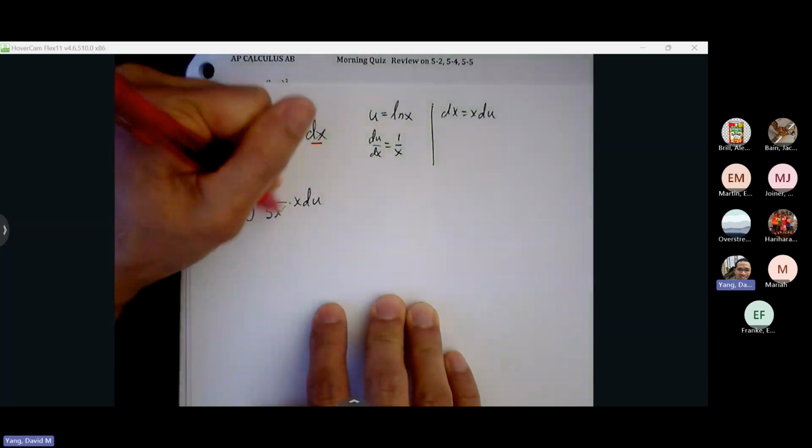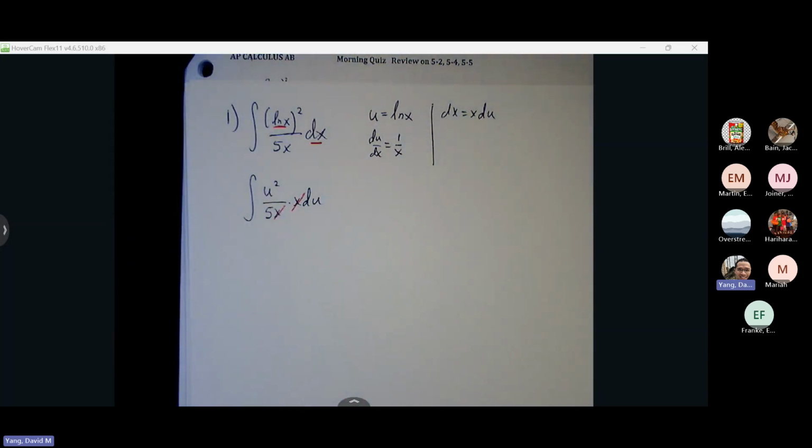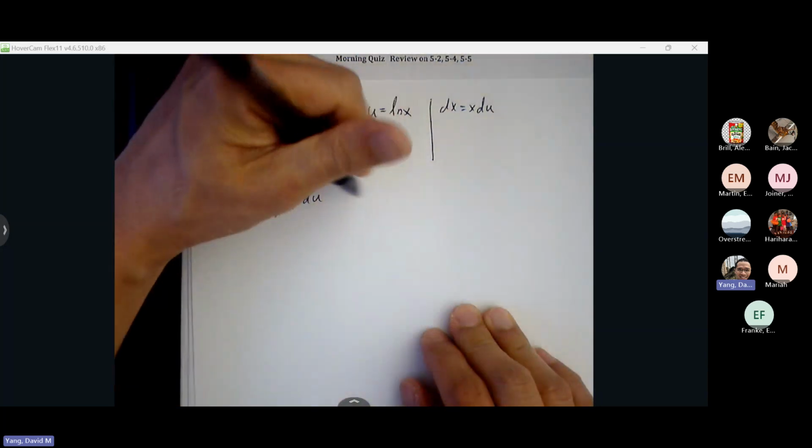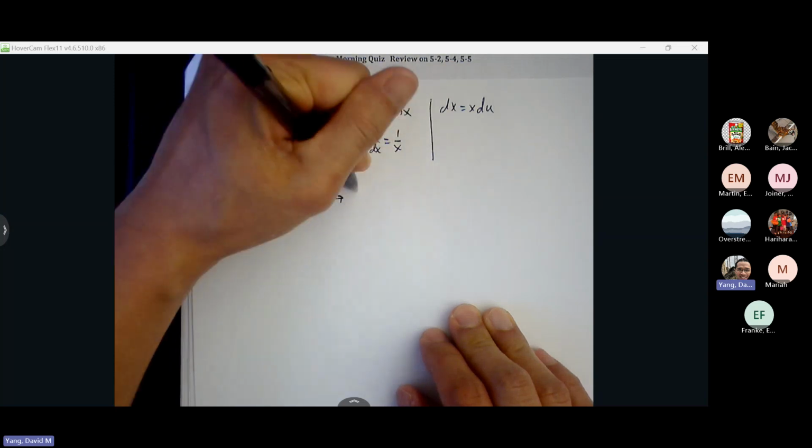Just like what we wanted, the x's cancel out, but there is that 5 left over, so we'll pull that 5 out in front. That's 1/5.